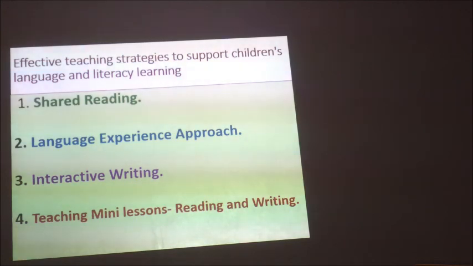Using effective strategies in your classroom is very important. There are many teaching strategies that support children's language and literacy, such as shared reading. It allows formative assessment as teachers can spot, stop, and ask questions about print concepts, letter recognition, and letter sounds. Also, you have the language experience approach.